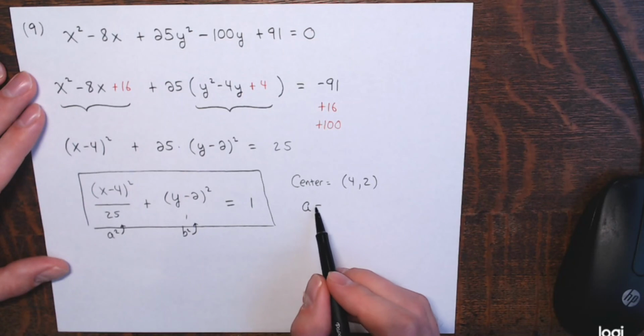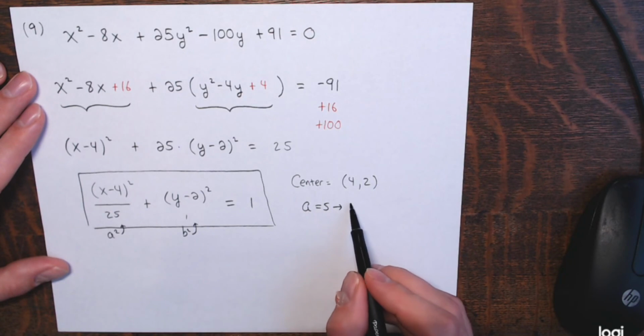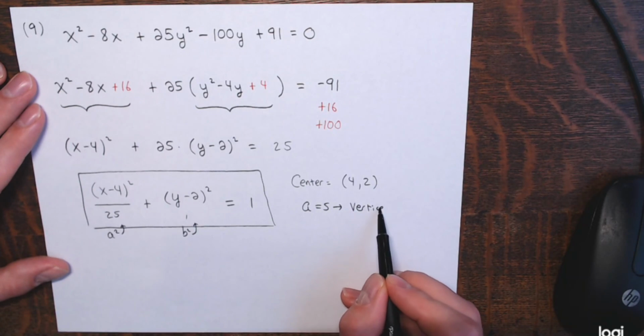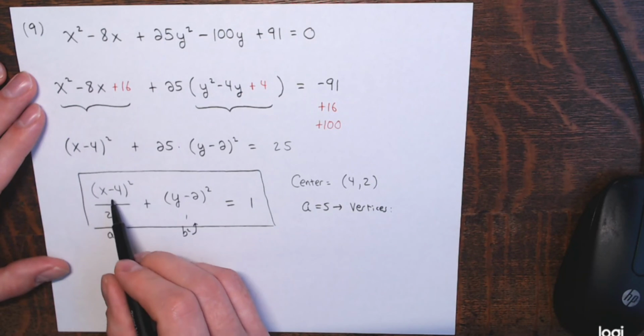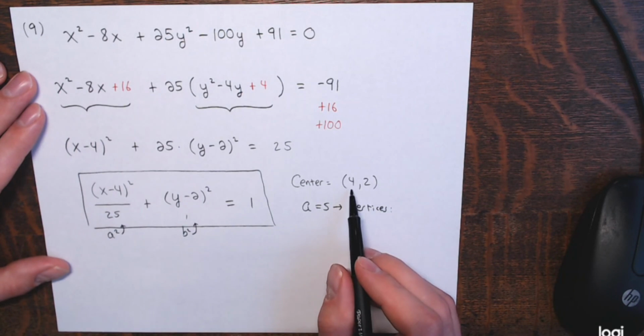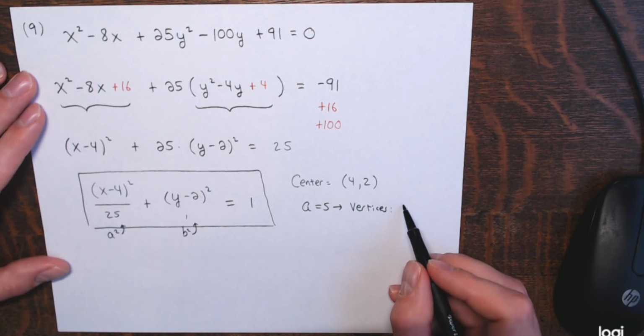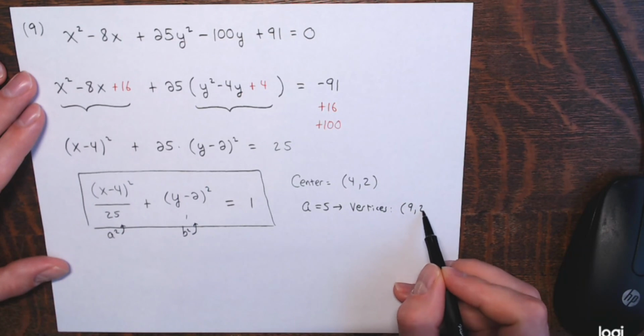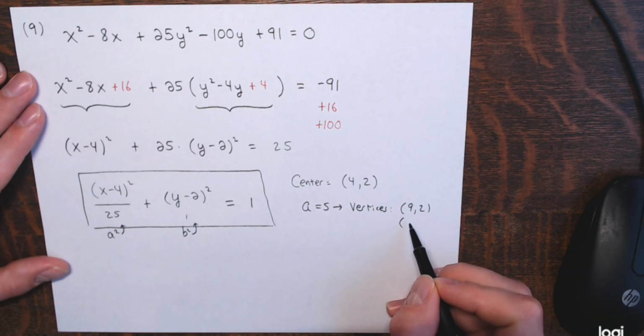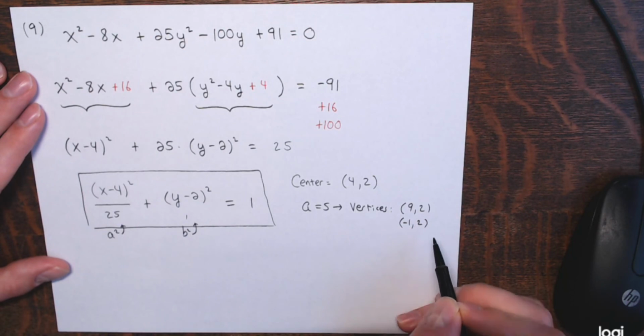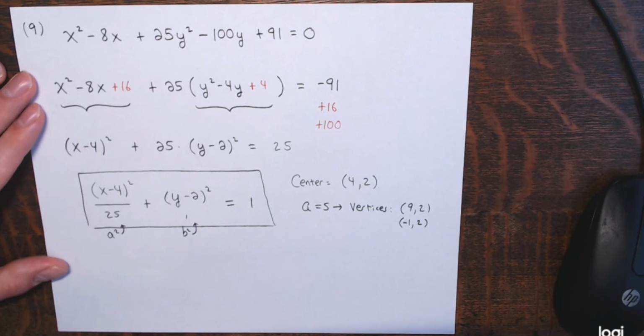So a is 5, and from that I get the vertices. Now that's under the x term, so I'm going to add and subtract 5 to the x coordinate of the center. 4 plus 5 is 9, so (9, 2), and 4 minus 5 is negative 1, right? So (9, 2) and (-1, 2) are points on the ellipse. They're on the ends of the major axis, the vertices.